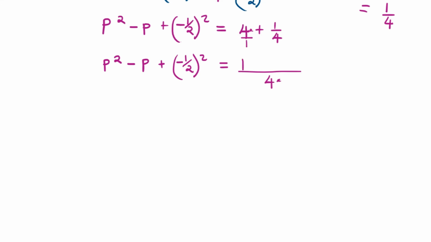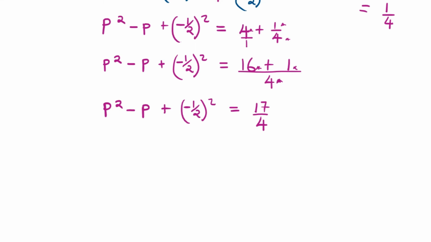We are going to have 16 plus 4 into 4, it's 1, 1 times 1 will give us 1. There we can proceed by saying p squared minus p plus a negative half in brackets squared is equal to 16 plus 1 will give us 17 over 4.